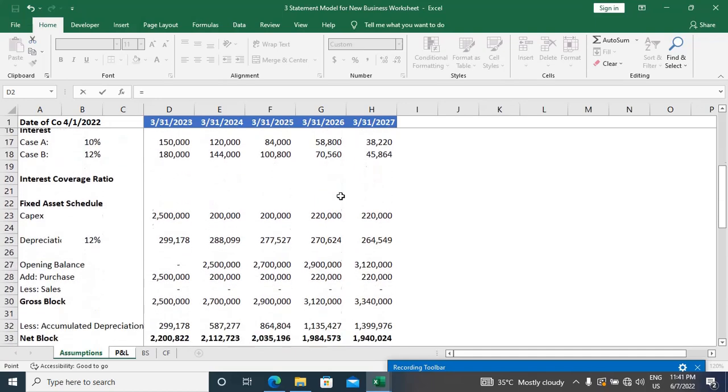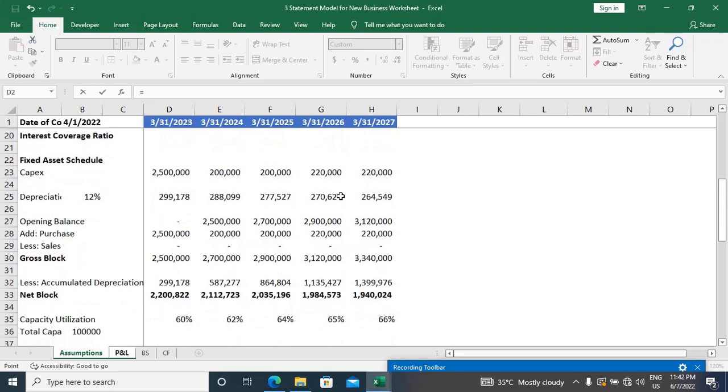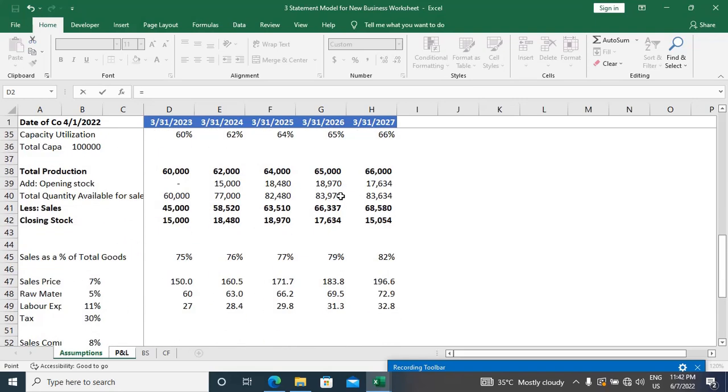Then look for the information related to sales. Sales quantities are given here. So we can take these quantities and multiply them by the selling price, which we calculated on our assumption sheet.